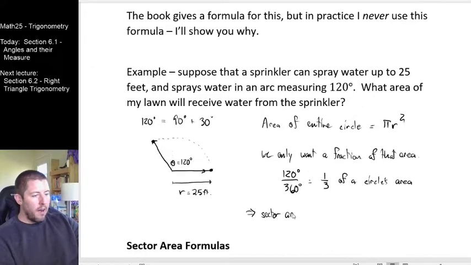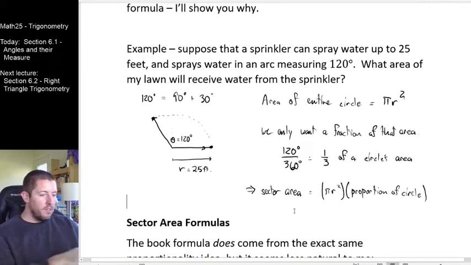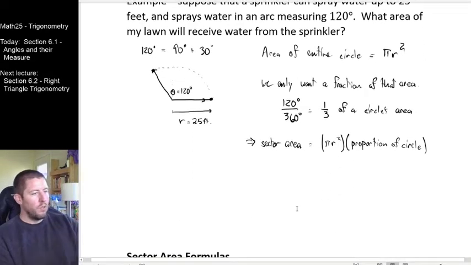So our sector area should be, we're going to keep our pi r squared, times the proportion of the circle. Right? And the good thing is we know all these numbers. So let's go ahead and do this.